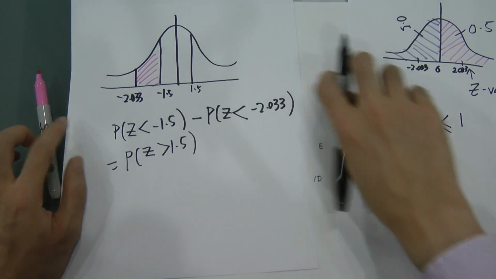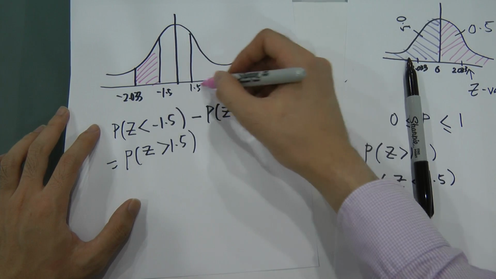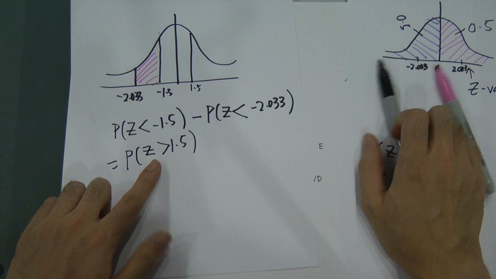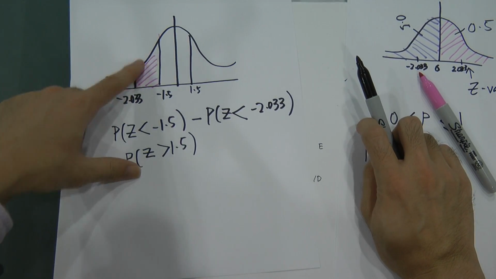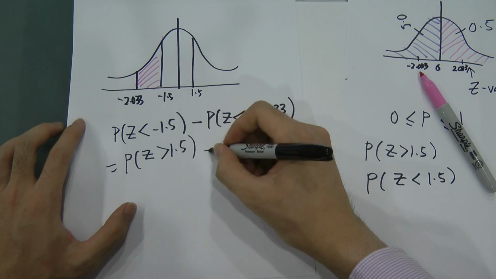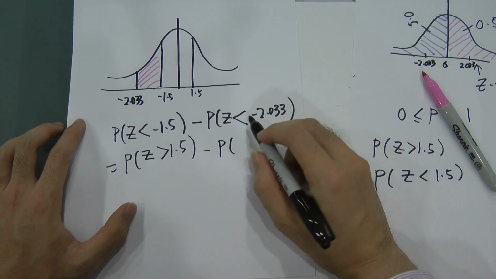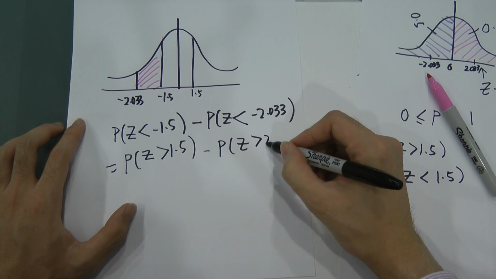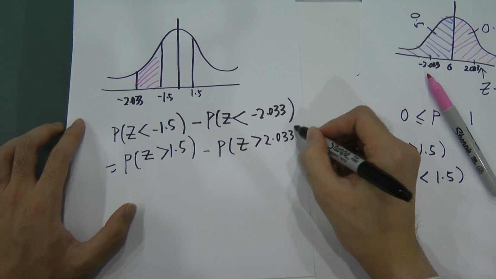It's the same area, which means you can use this one to substitute this one in order to find the area in between. So same thing, minus probability Z. Smaller, you just change to bigger, and then the negative is gone, 2.033.